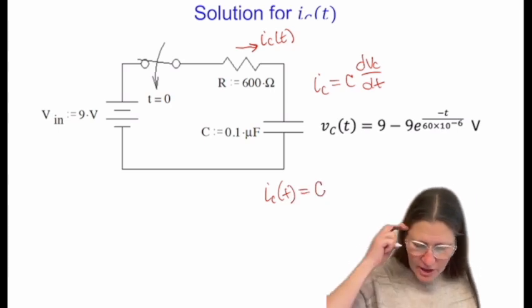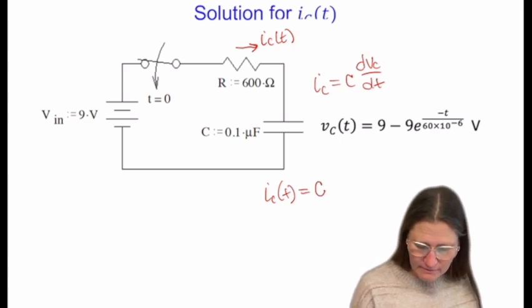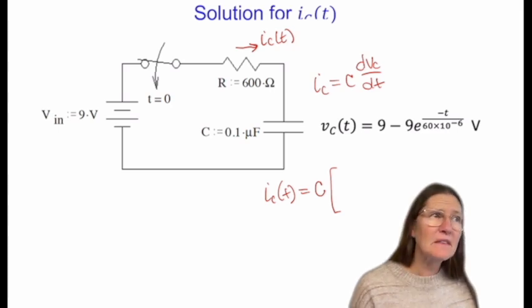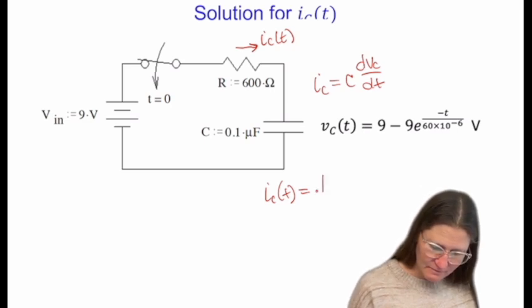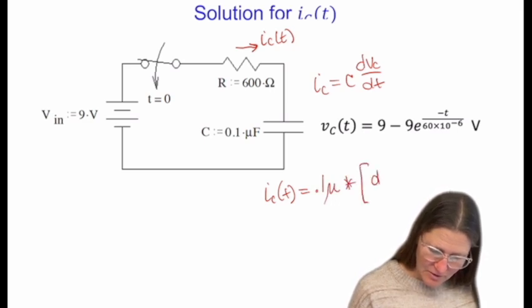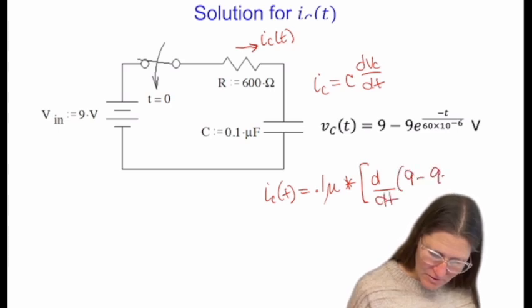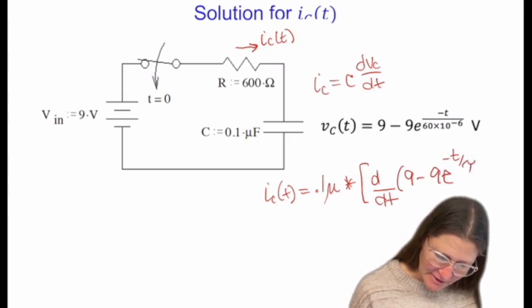And when I differentiate that, what is the differentiation of that? I'm just going to write this in terms of tau because it's a little easier.